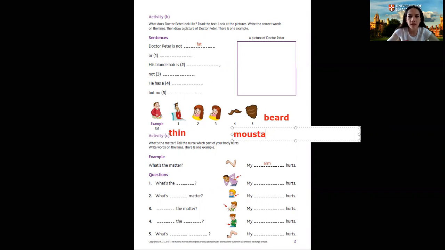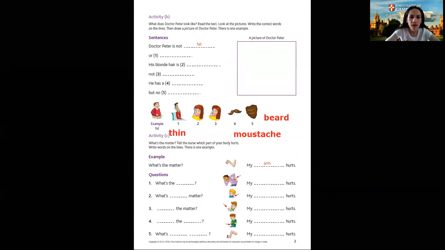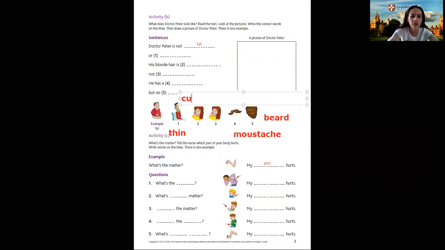We are making these exercises because these words appear many times in the test, okay? This kind of hair, curly hair, and straight hair, okay? So we have the words.